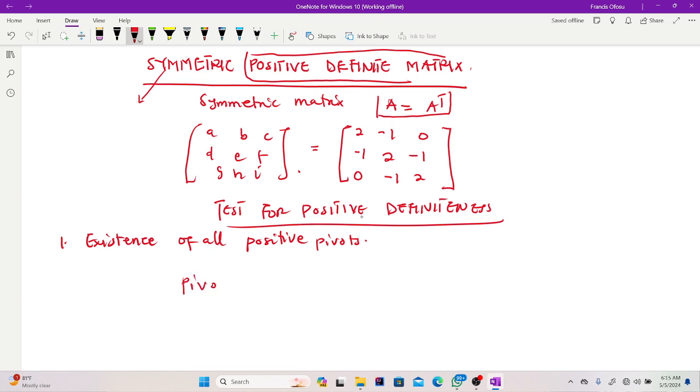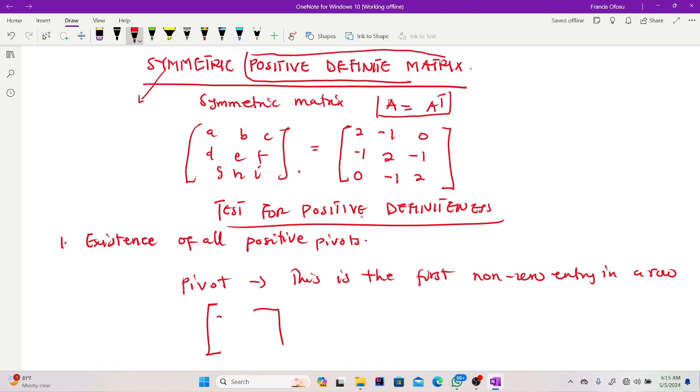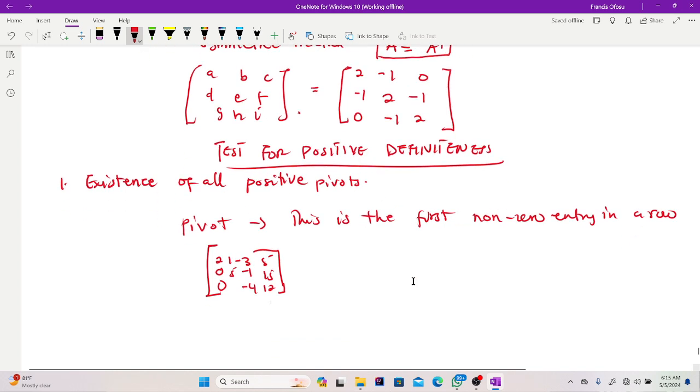A pivot is the first non-zero entry in a row. Whenever I give you a matrix, let's say 2, 1, negative 3, 5, 0, 0, 5, negative 1, negative 4, 15, 12.